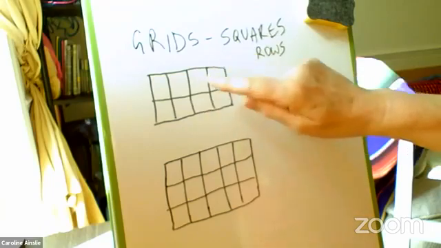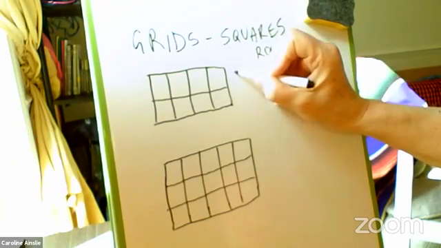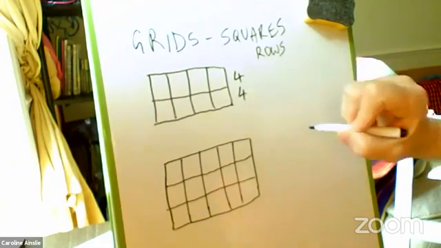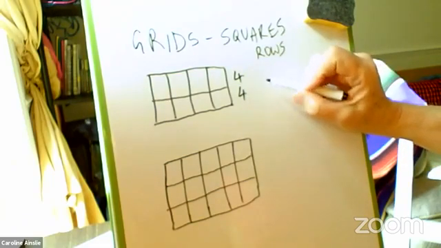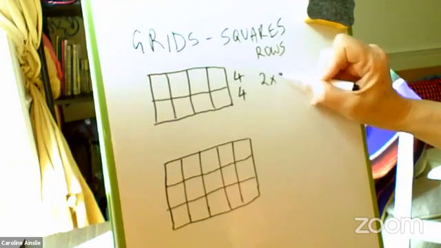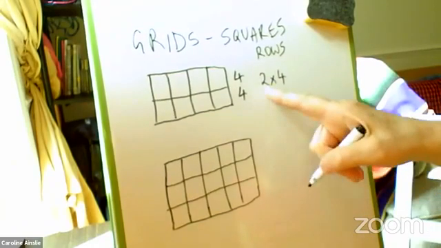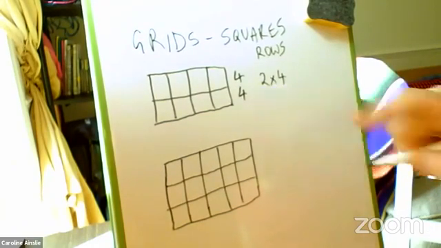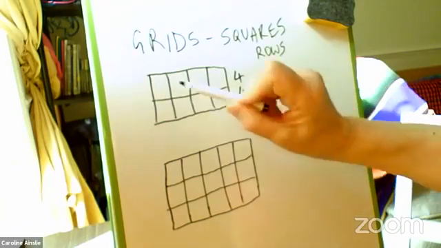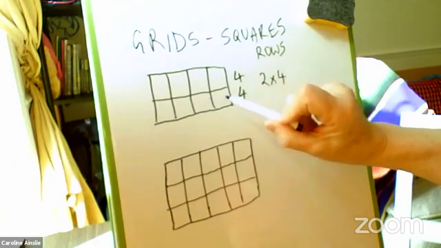Right, let's see how we're doing. So we have 2 rows. Each has 4 squares. So we've got 2 rows of 4. That's a mathematical sentence. That's how we write it. 2 rows of 4. And then we can count them. 1, 2, 3, 4, 5, 6, 7, 8.